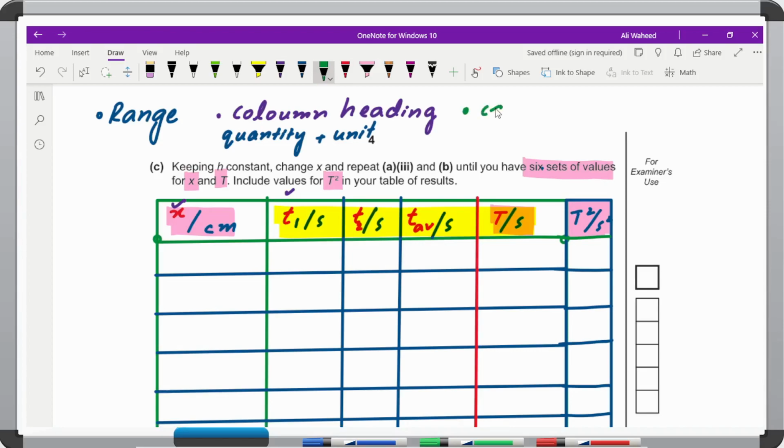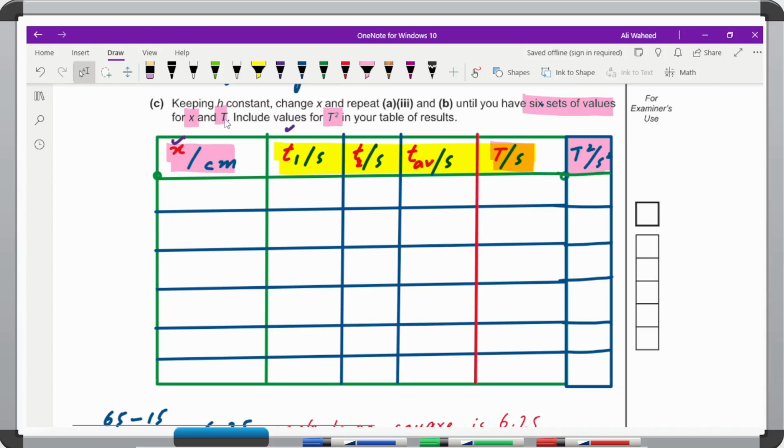After that, we have the calculations. The values that you fill in the table, the values that you insert. For example, for the first one, we started off the table with 5.0, then 15.0, then 25.0, then 35.0, 45.0, and the final one was 55.0.